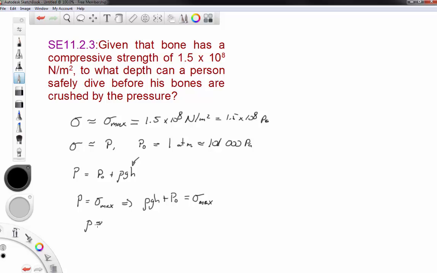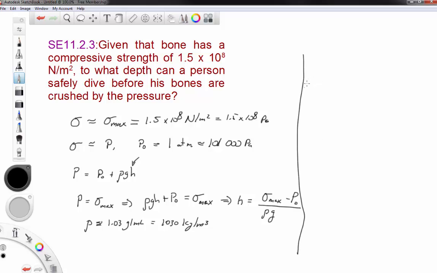So we'll use rho is approximately 1.03 grams per milliliter, which is 1,030 kilograms per cubic meter. This equation solves to get that height should be the difference between this maximum and the initial pressure divided by the density times the free fall acceleration.